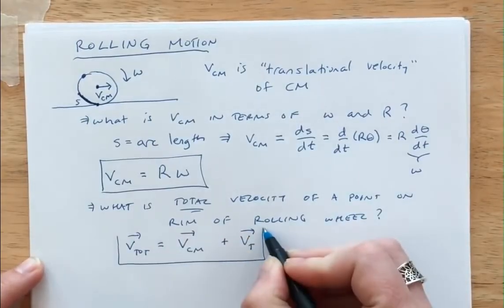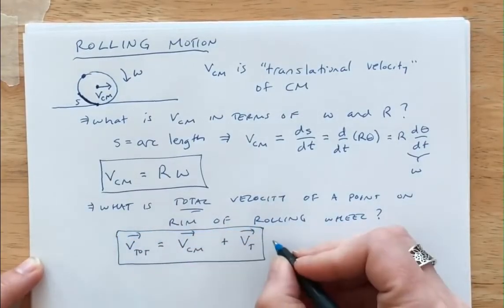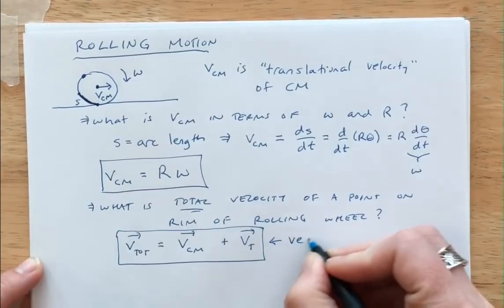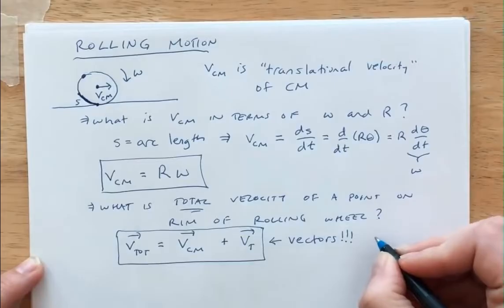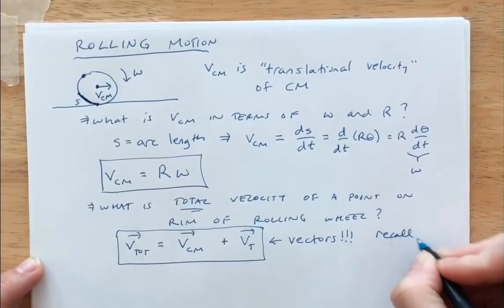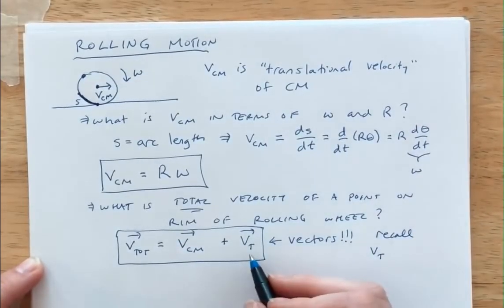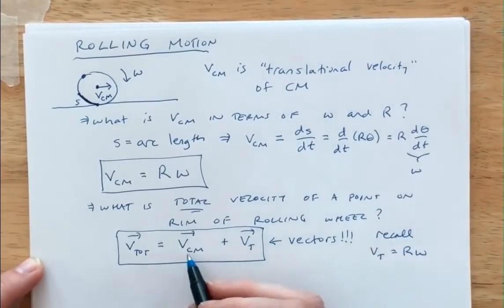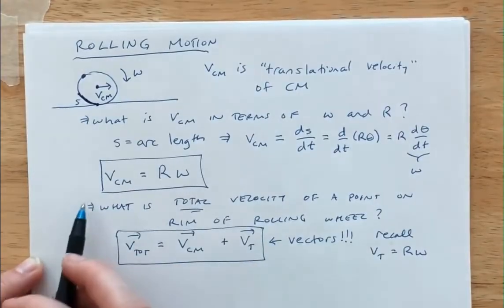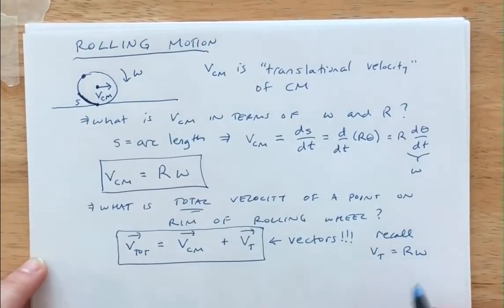So that's our general result, but we have to analyze this, recalling that both of these are vectors, so we'll be doing vector addition. And we want to recall that the tangential velocity of a point on the wheel, v sub t, is also equal to r omega, as is the center of mass velocity, as we just proved.